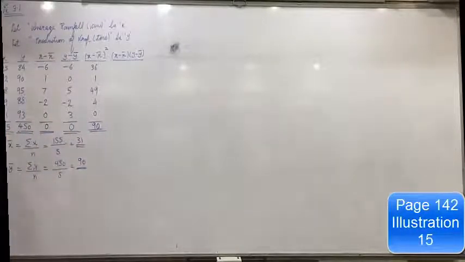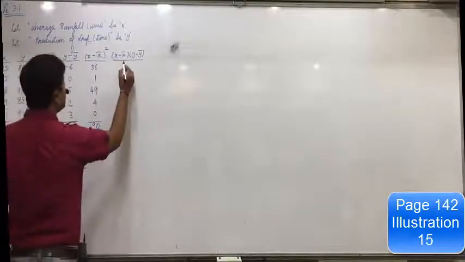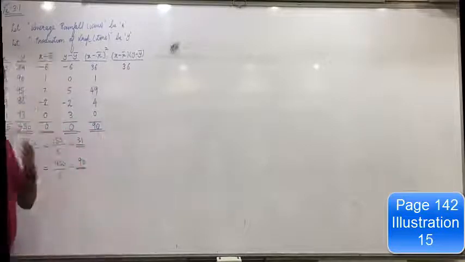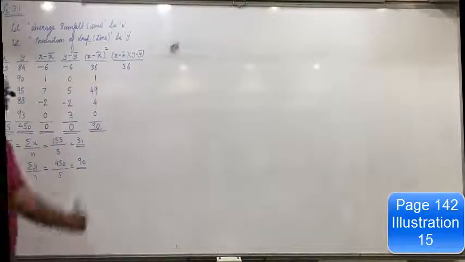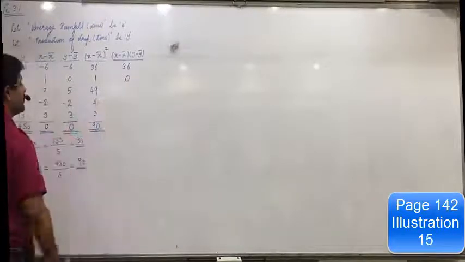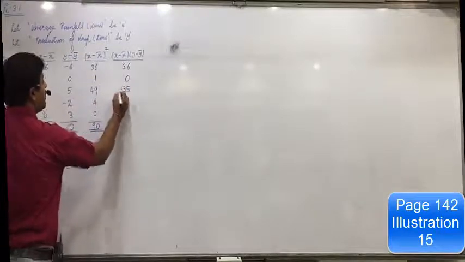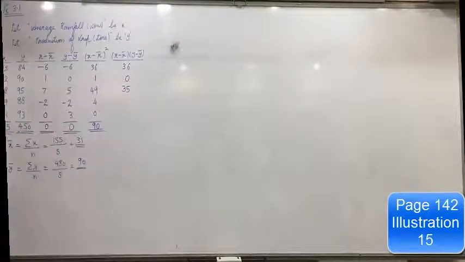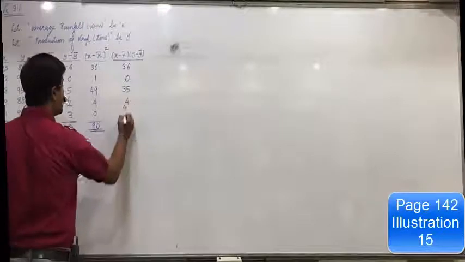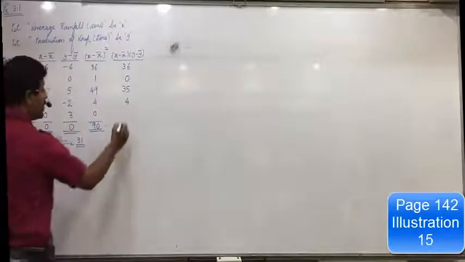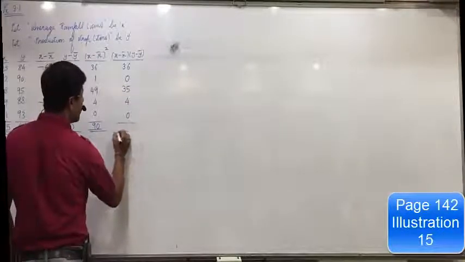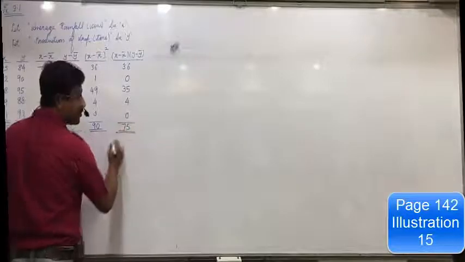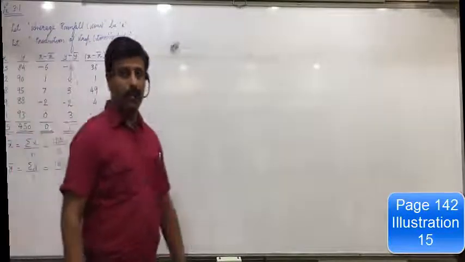And from X minus X bar into Y minus Y bar: minus 6 into minus 6 is plus 36. 1 into 0 is 0. 7 into 5 is 35. Minus 2 into minus 2 is plus 4. 0 into 3 is 0. The total is 75.